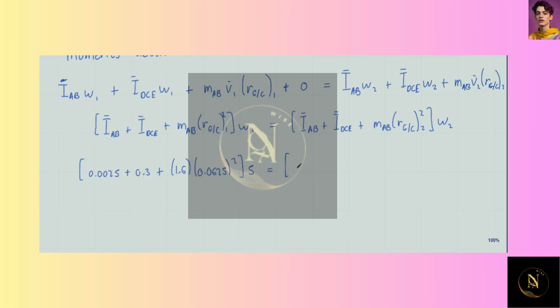And this is equal to I_AB 0.0025 plus 0.3 plus 1.6, the mass of the tube, times R_G relative to C, which is 0.4375, again in meters, that's squared, multiplied by omega 2.